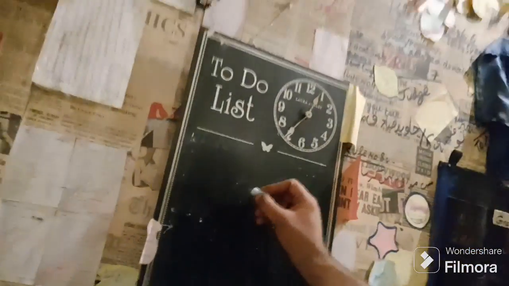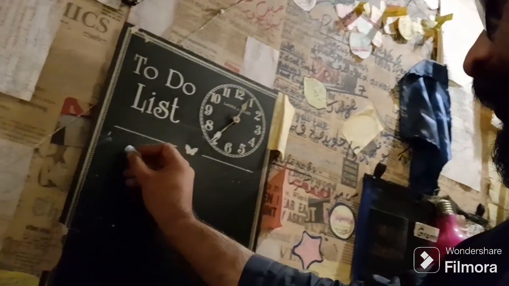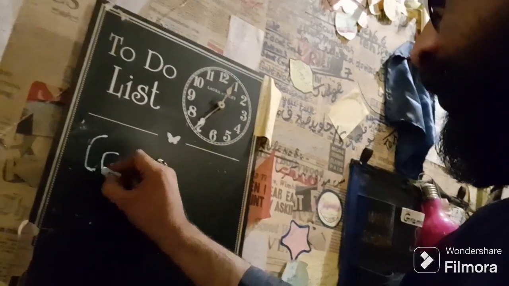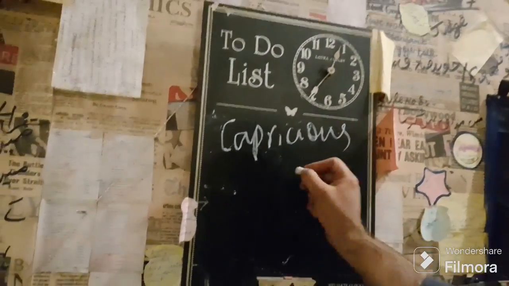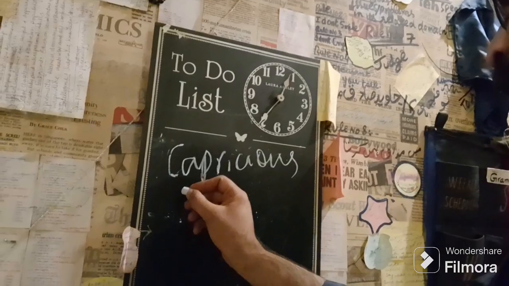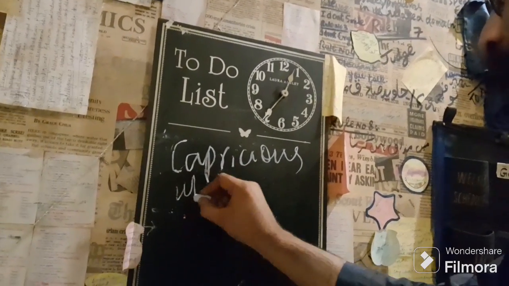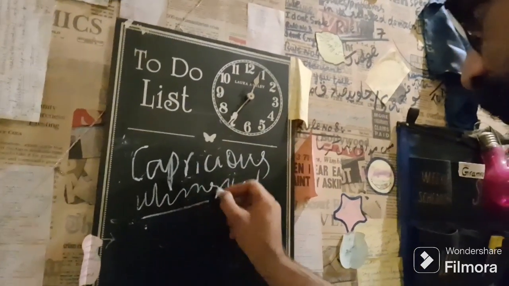Okay, I'm going to write all these words that we have learned today. The first is capricious, which means unpredictability. And the word we have derived from capricious is whimsical, which is from whims.